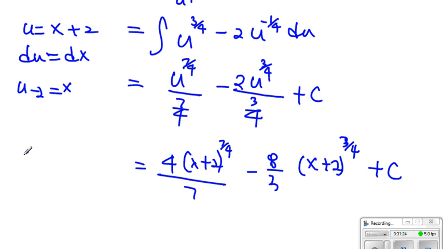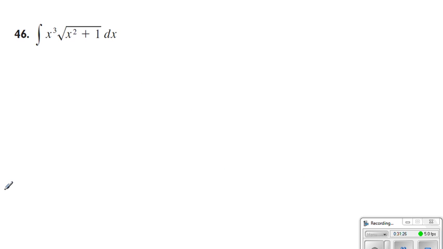Alright, so the next question, the last question, and here what we're going to have: square root of x cubed, and then all these other things.